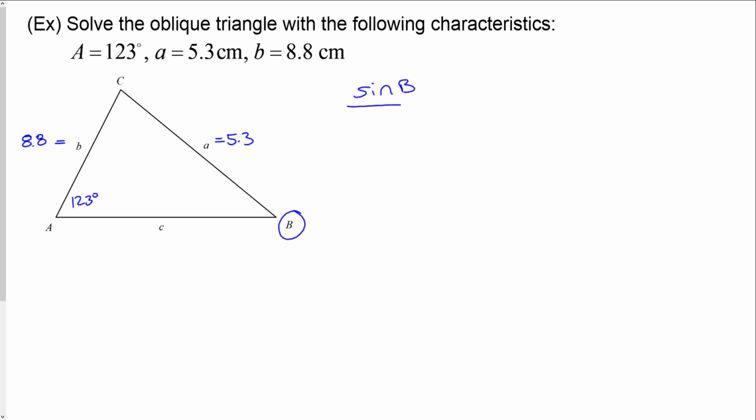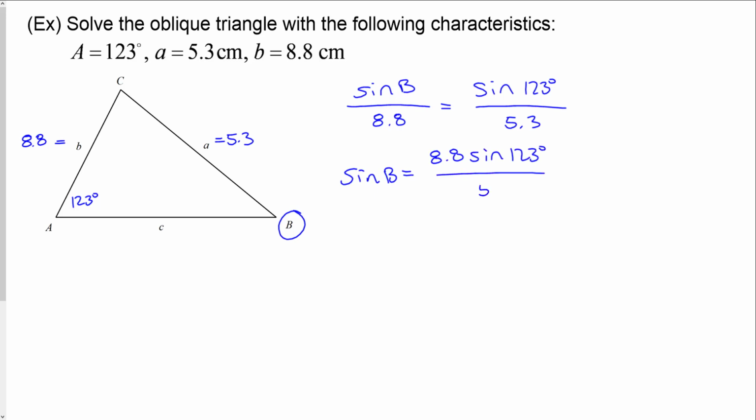So the sine of angle B divided by 8.8 is equal to the sine of 123 degrees divided by 5.3. So the sine of angle B is going to be 8.8 sine 123 divided by 5.3.